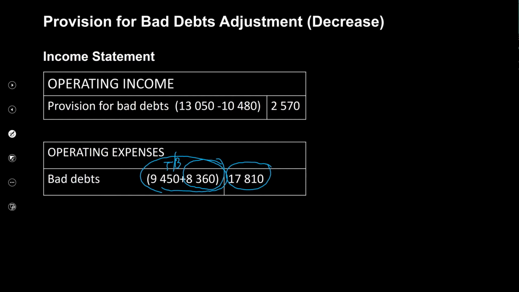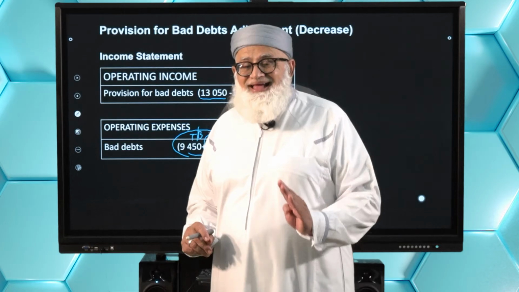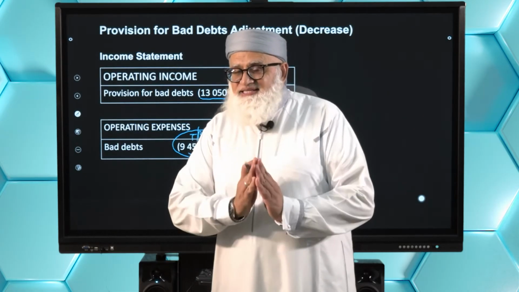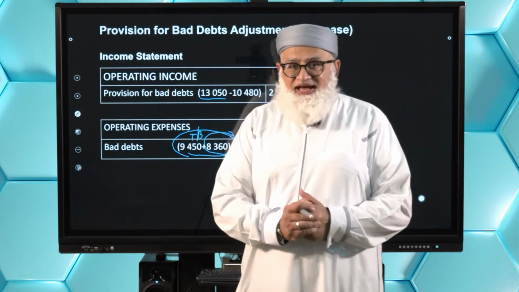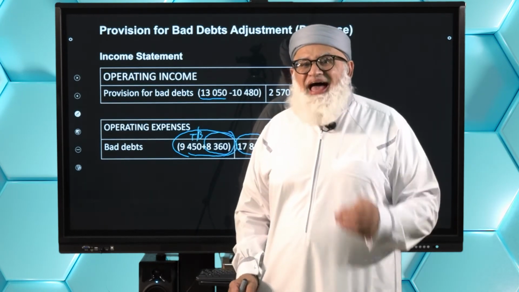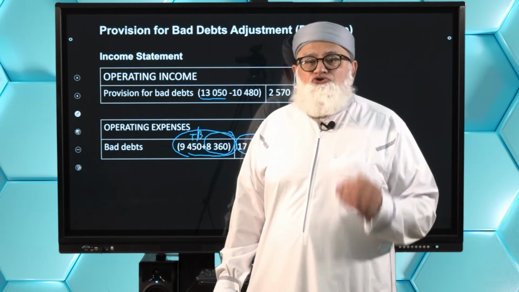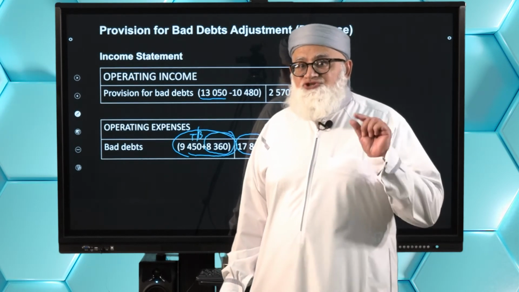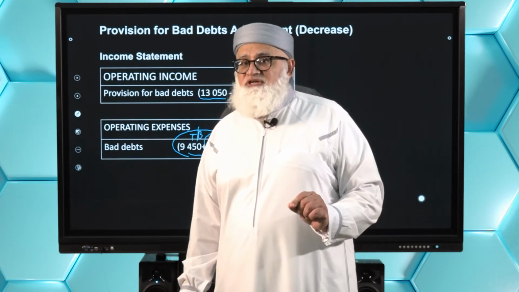Right, now you come to your provision. As you can see, you've got an existing provision of 13,050. What is provision for bad debts? That is your negative asset. What do we mean by a negative asset? It reduces the value of your asset. When you're drawing up your balance sheet, you say trade debtors less provision for bad debts.